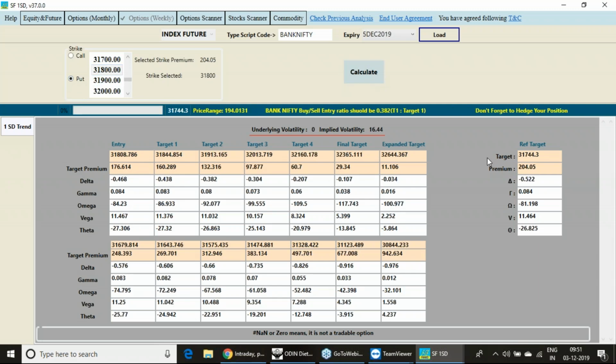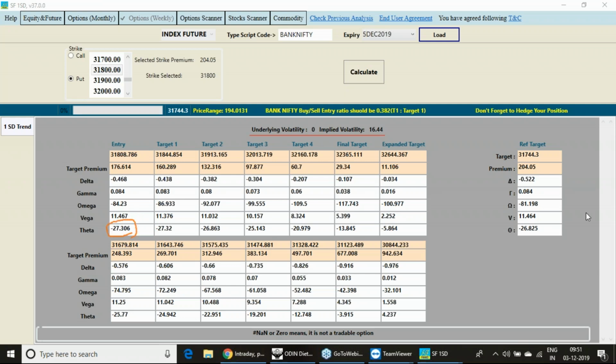RBI review. The 5th of December is the RBI review, so we are more concerned about Indian events. Today is the 3rd, and hardly 2 days are left till expiry. However, the premium is 204 rupees, a great premium. Has anyone noticed what the theta value is here?